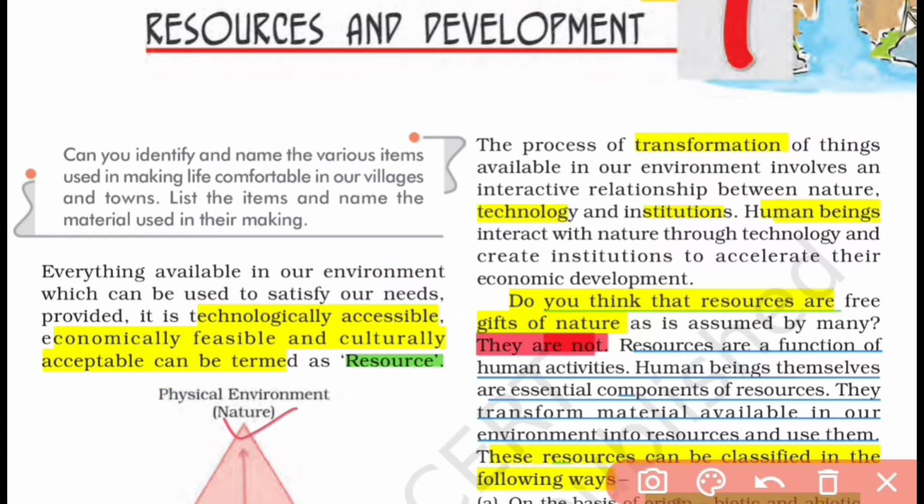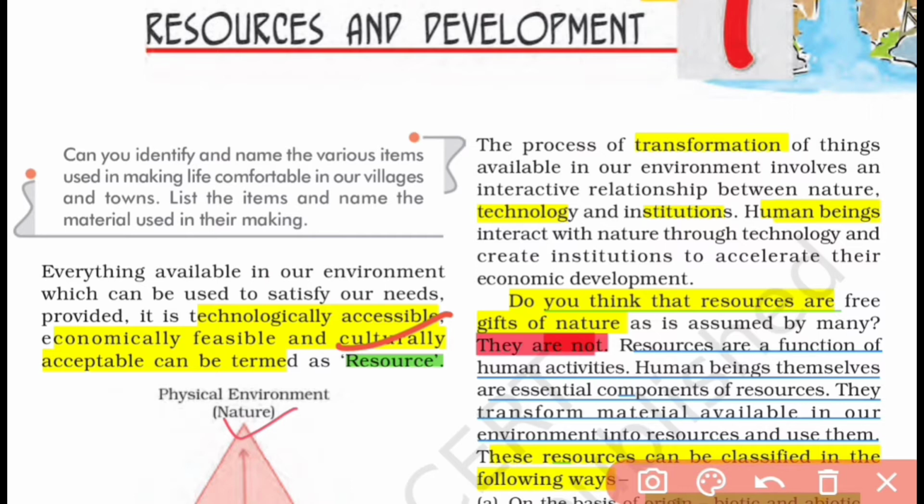Now, condition number 3, culturally acceptable. That means whatever material we are extracting from the environment must be accepted by the society without any obligation. Now, let's move to the next.